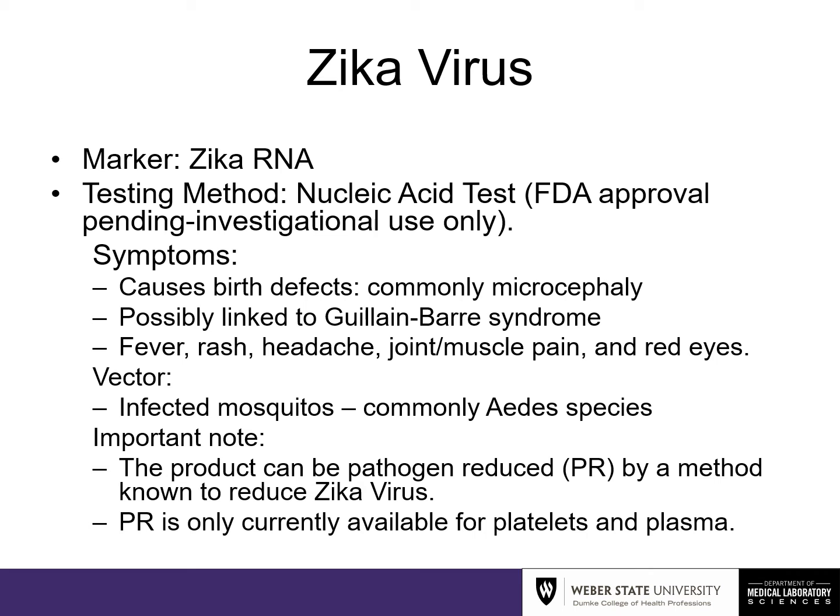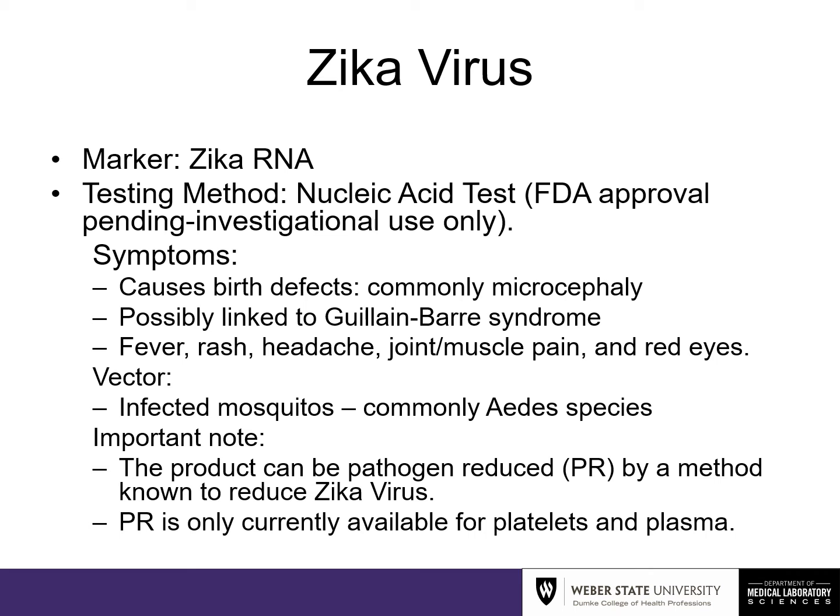This is especially important because these babies typically have smaller brains that are not developed properly. So it is important for pregnant women to implement prevention such as bug spray and wearing skin covering clothing.